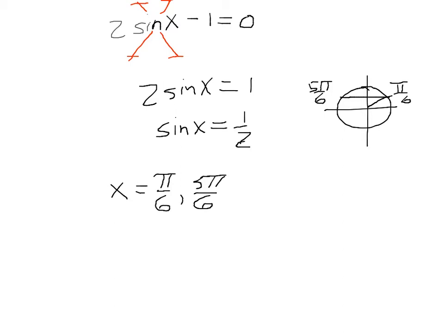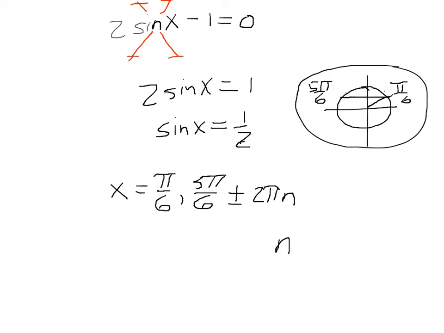Now, how do we account for every other solution? Well, we know we can get back to this position. All the other solutions are going to be coterminal angles with these two solutions right here. And so all we need to do is add or subtract, because we could go in the negative direction or positive direction, multiples of 2 pi n.